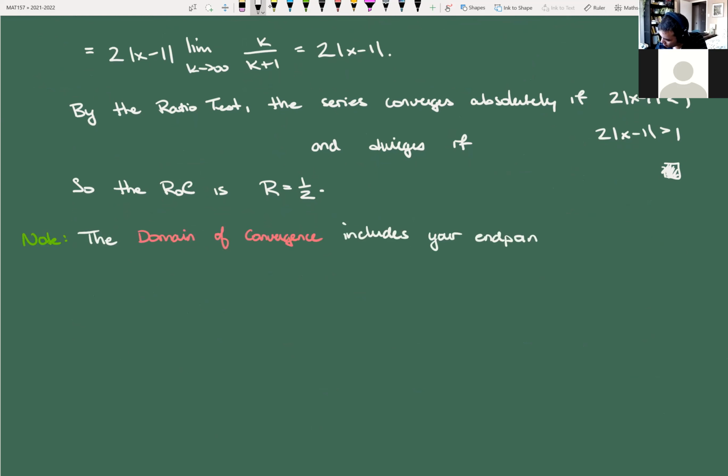And again, for the record, every possibility can happen. You can get convergence at both endpoints, divergence at both endpoints, convergence at the left endpoint but not the right endpoint, and vice versa.